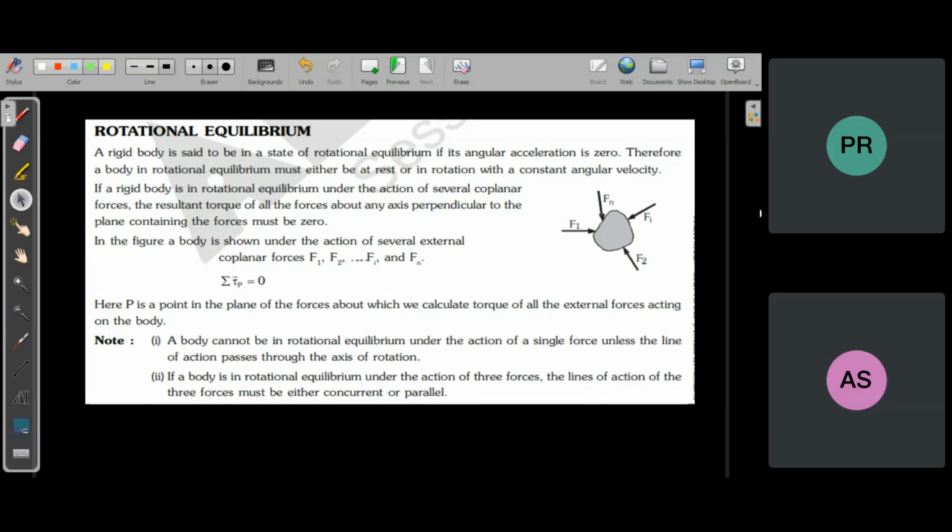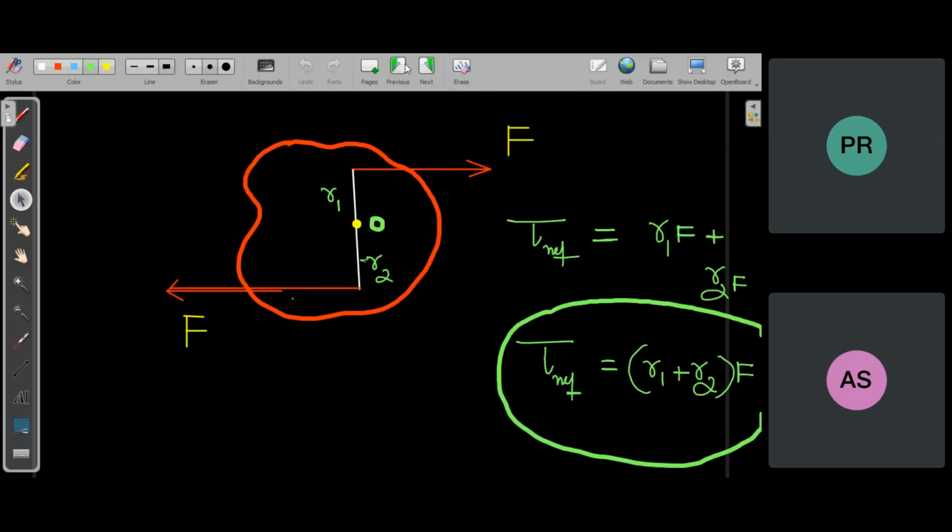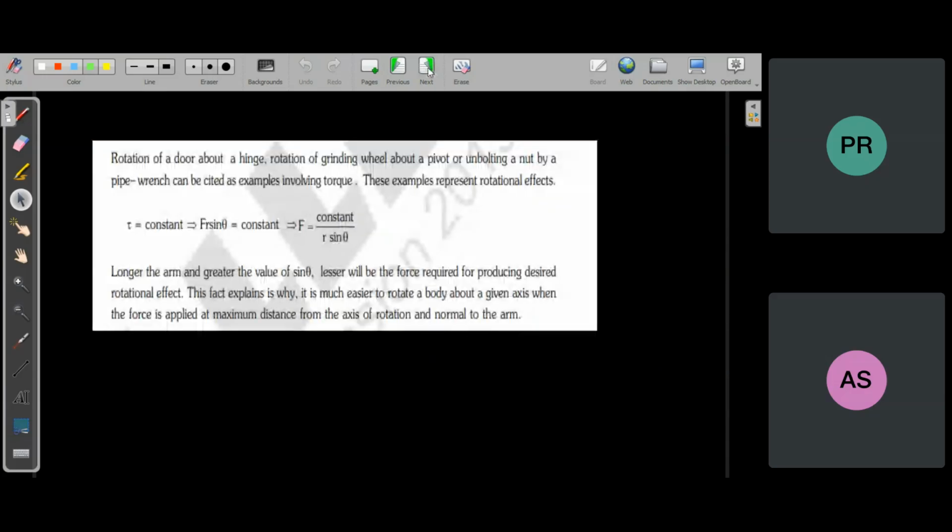Are you getting it? The body can have angular acceleration even if the net force is zero. So from this you understand that net force zero is translational equilibrium, but the body is not in rotational equilibrium. In the previous question, the net force is zero, but the torque is not zero, right? Net torque not zero means the body is not in rotational equilibrium.